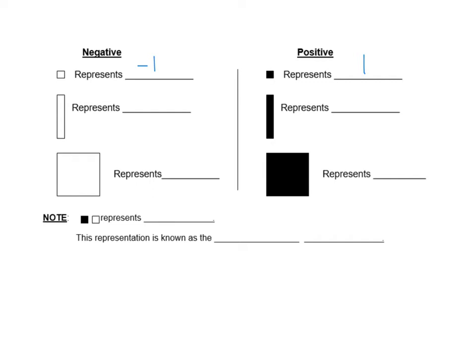Then this longer thin rectangle represents the letter X for positive, and then for negative it's -X. And then finally this larger square represents positive x squared, and this one is -x squared.